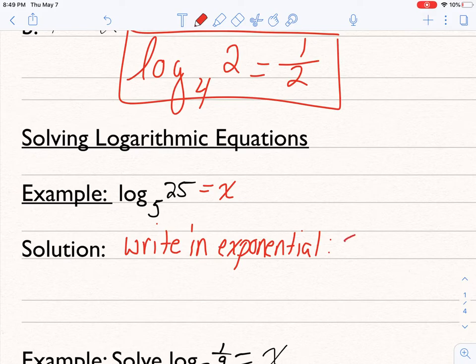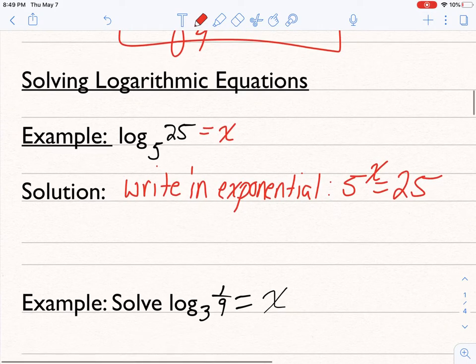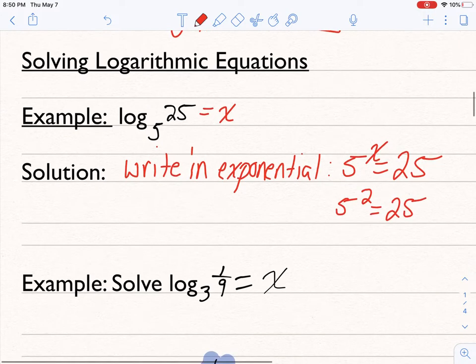So I've got 5 to the x equals 25, because my base is 5, my exponent is x, and my answer is 25. Well, this one hopefully is pretty straightforward. We can just look at it and say, okay, 5 to what number gives me 25? Well, that would be 5 to the second equals 25. So my answer here is obviously x equals 2.